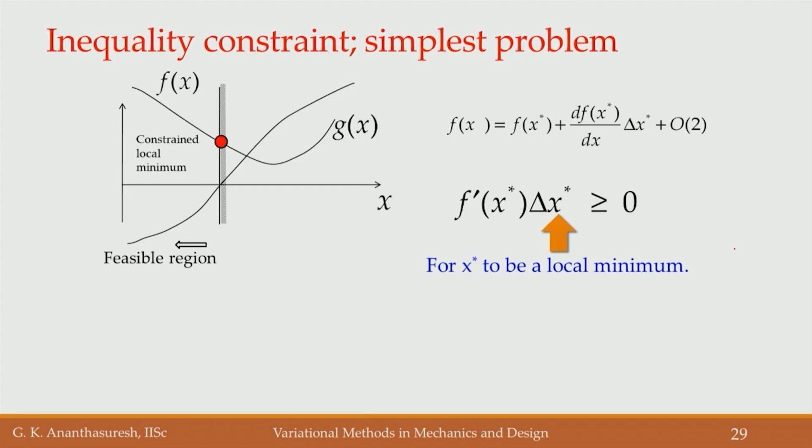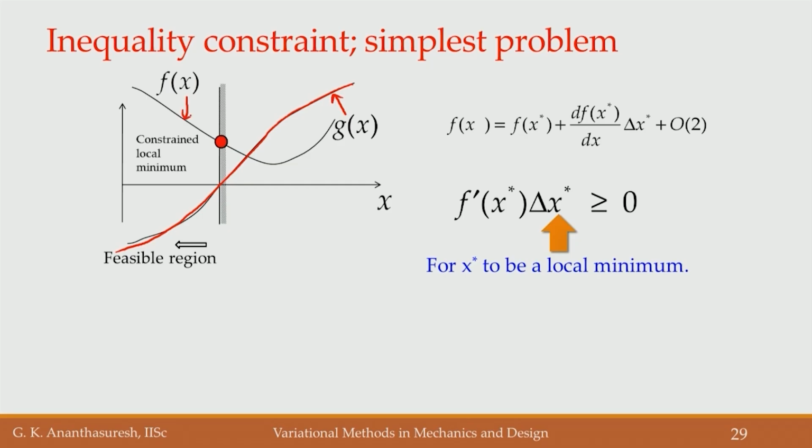Let us take a one variable problem. For inequalities we can take a one variable function, there is no problem. Let us say f of x is like that and g of x is like this. Okay, that is g of x, this is f of x.